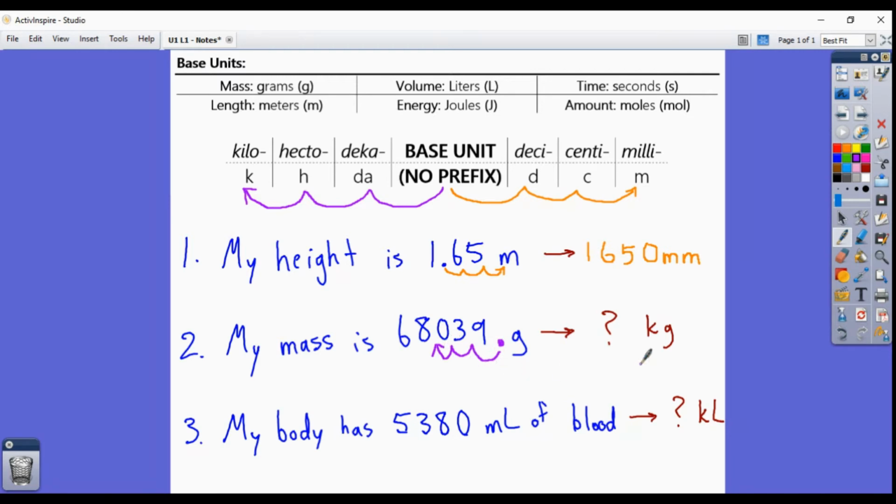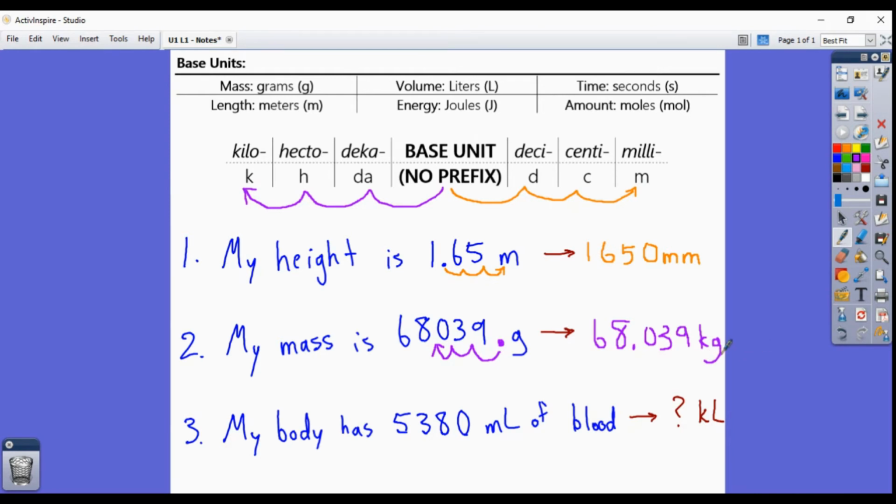Okay, so in kilograms, however you want to say it, 68,039 grams is the same as saying 68.039 kilograms. kg for kilograms.